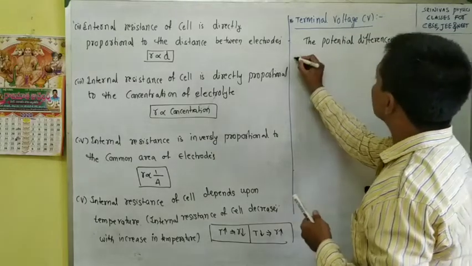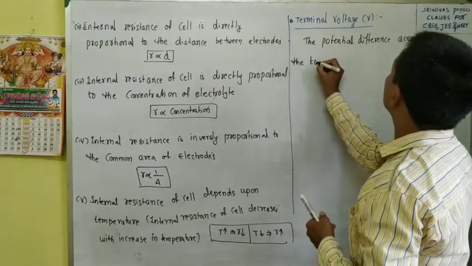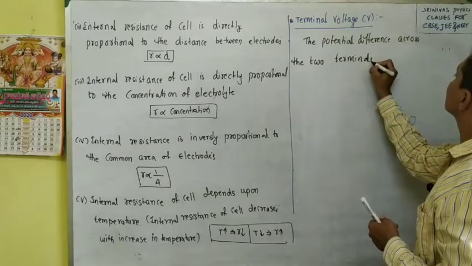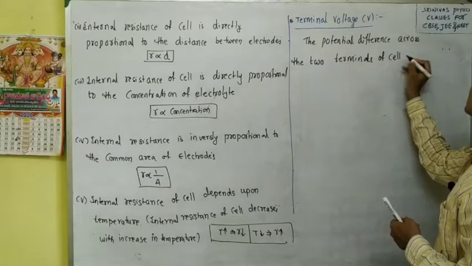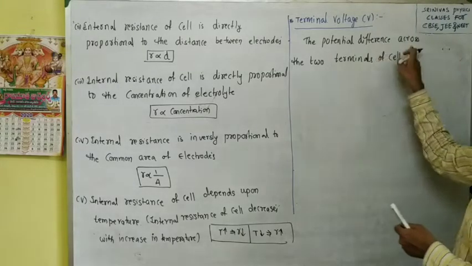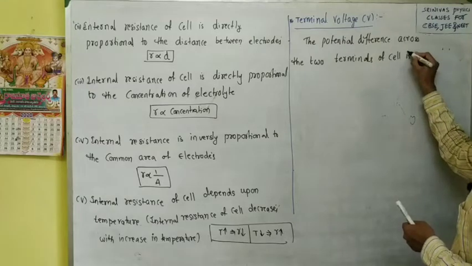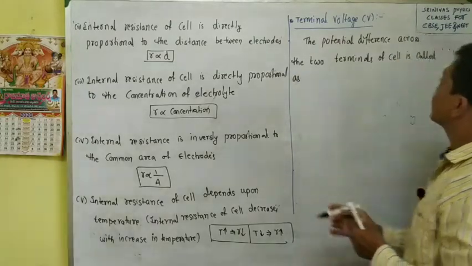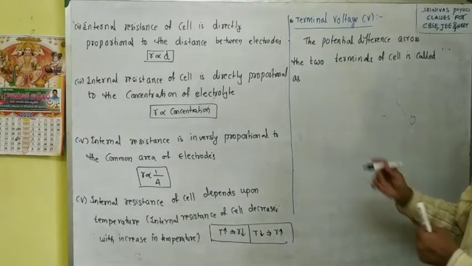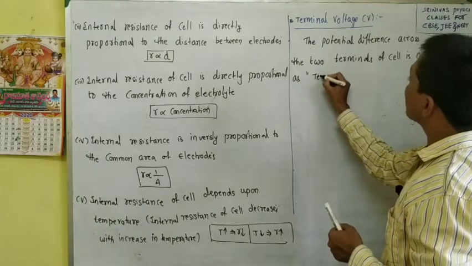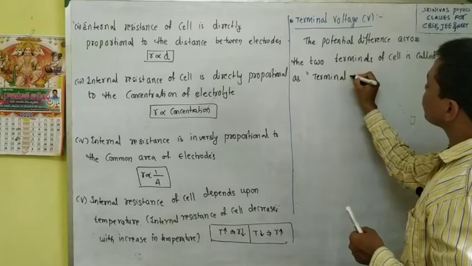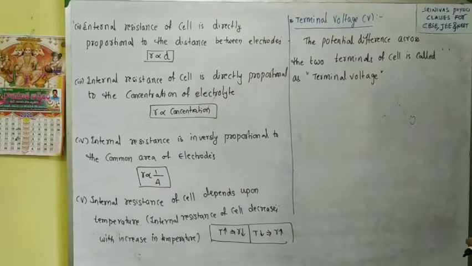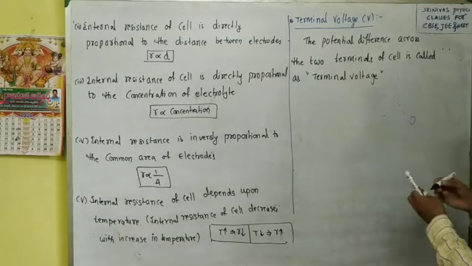The potential difference across the two terminals of a cell is called the terminal voltage. Terminal voltage is nothing but the potential difference across two terminals of a cell. For example, let us see one diagram here.